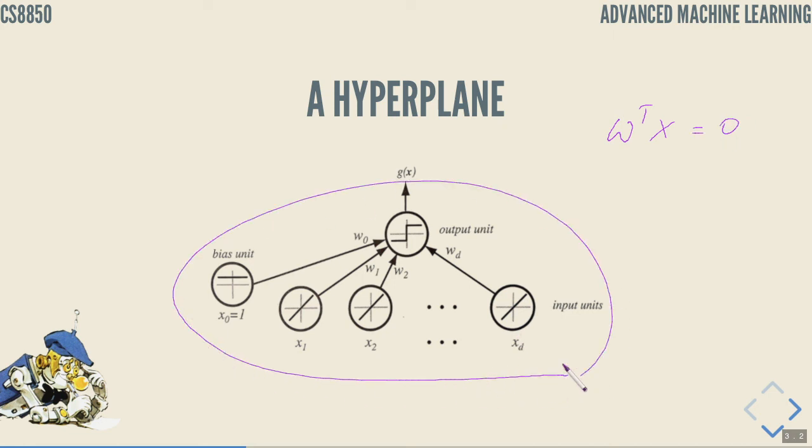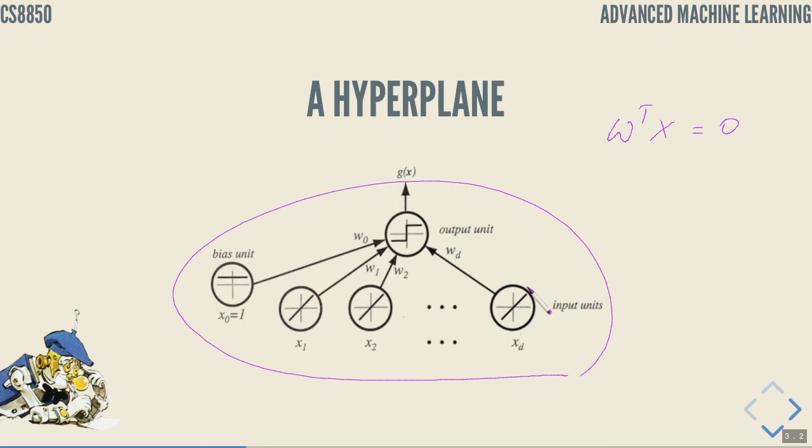We have values of X that are multiplied by the weights, the components of W. They're summed up, and then they have a threshold. If they're on one side of the threshold, the output is positive, and if they're on the other side of the threshold, the output is negative, or it's 0 if they are on the hyperplane.